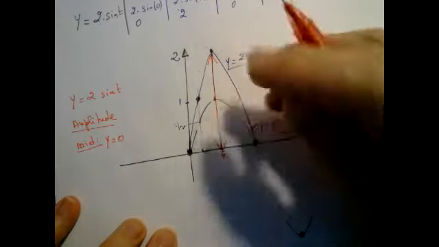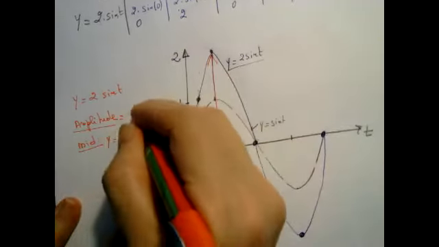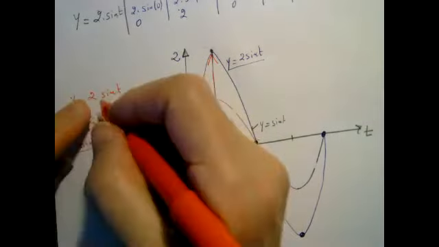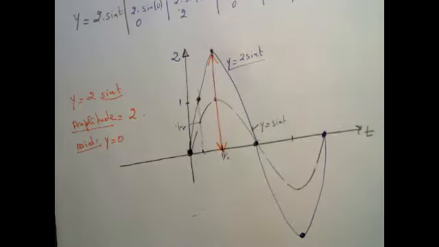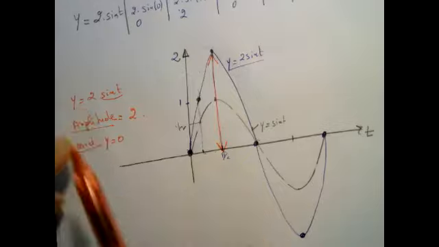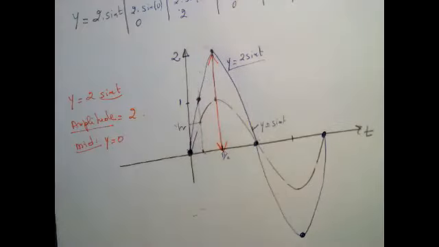We're stretching the graph by 2, so the amplitude is going to become 2. So taking the sine function and creating a new function, 2 times the sine of t, its effect is making the amplitude equal to 2, by stretching the graph of sine.